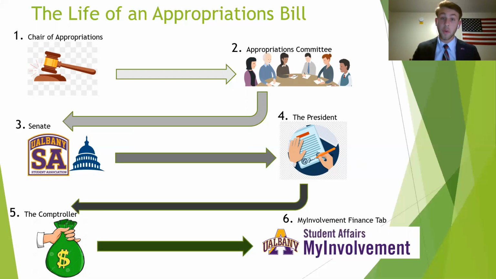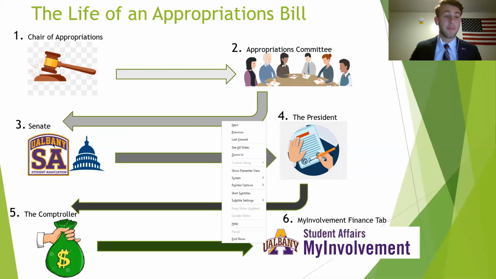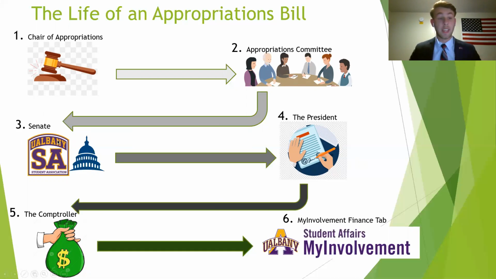If it's approved or amended and passed, it goes on down to the SA Senate, okay? You'll do the same thing. You'll come to Senate on a Wednesday night through Zoom, and you'll explain exactly why you want this funding. Senate will vote for you. If they deny you, you're denied, but if they pass you, it goes to the desk of the Student Association president.